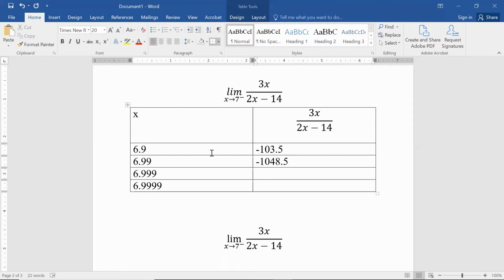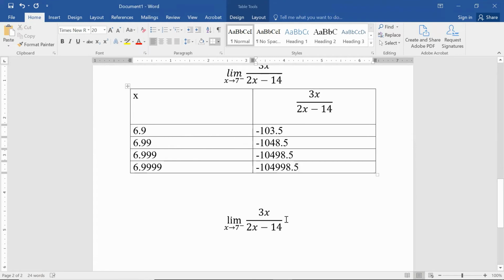When you plug in 6.999, you get negative 10498.5. And finally, when you plug in 6.9999, you get an output which is negative 104,998.5. We see that as our x gets closer to 7, our outputs are all getting closer to negative infinity.